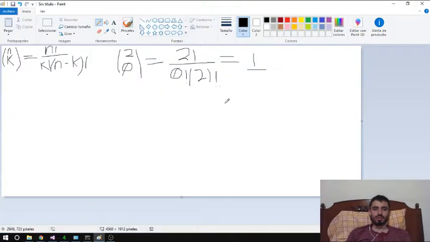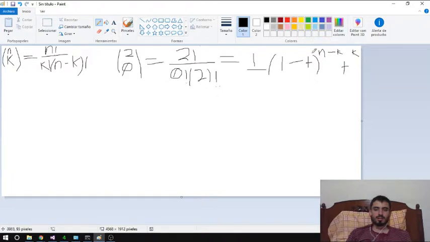Now the 1 minus t basically comes from the (1 minus t) to the n minus k, t to the k.